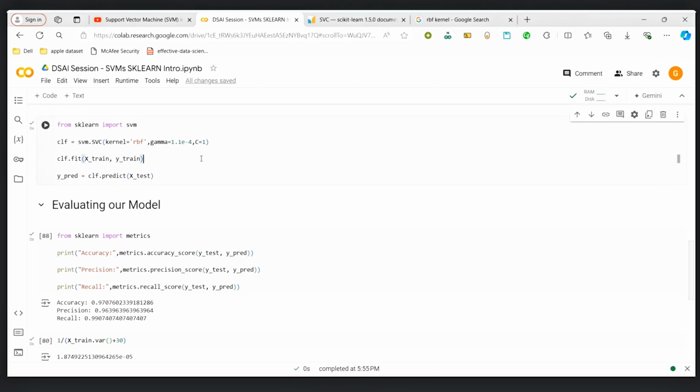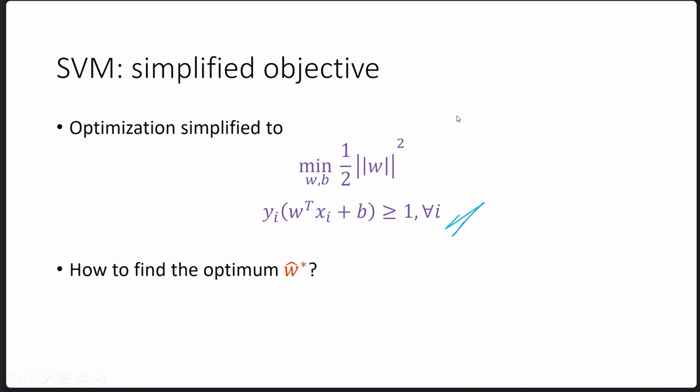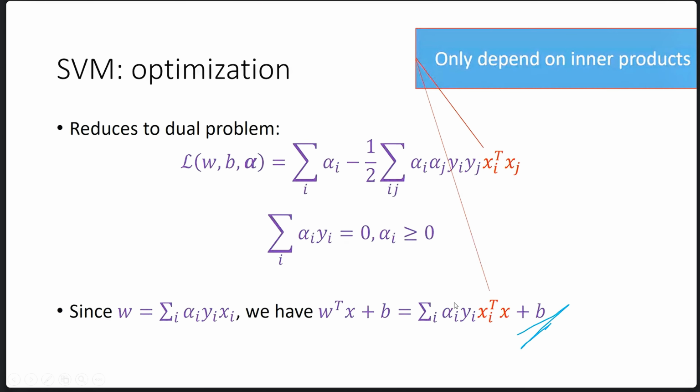Even now, for smaller data sets, SVM almost always outperforms neural networks if you tune it correctly, like hyperparameters such as gamma or C are chosen correctly and you have normalized the data set. For larger data sets, however, it is better to use neural networks. Here we're optimizing W and here we're optimizing alpha.